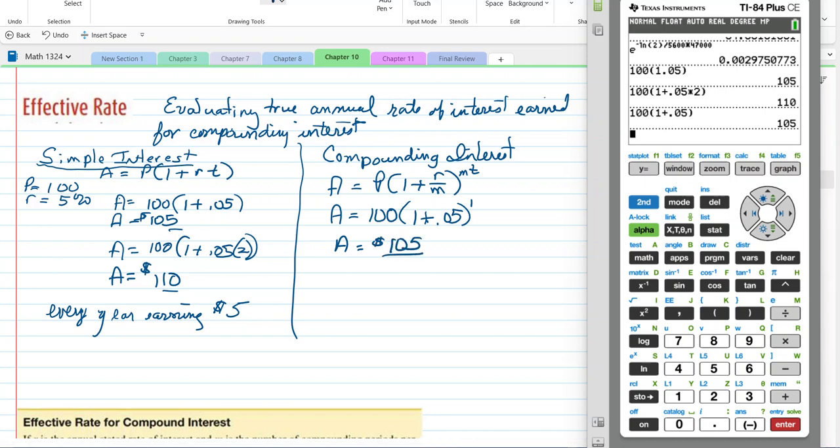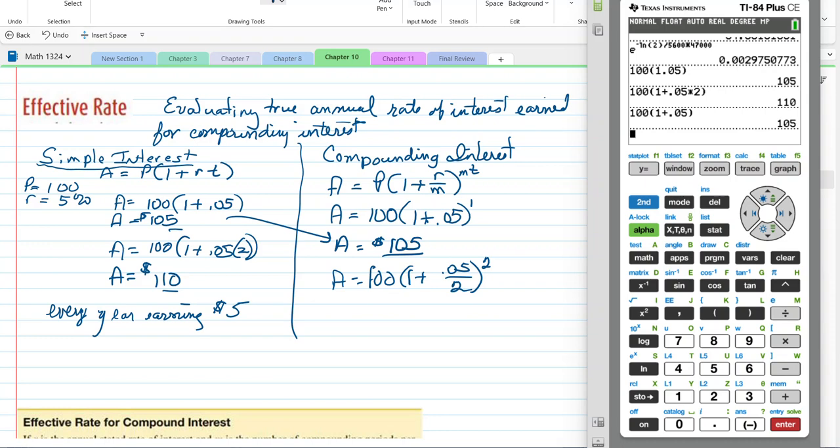So we're the same. But look what happens on the second year. And MT is 1 time a year for 2 years.